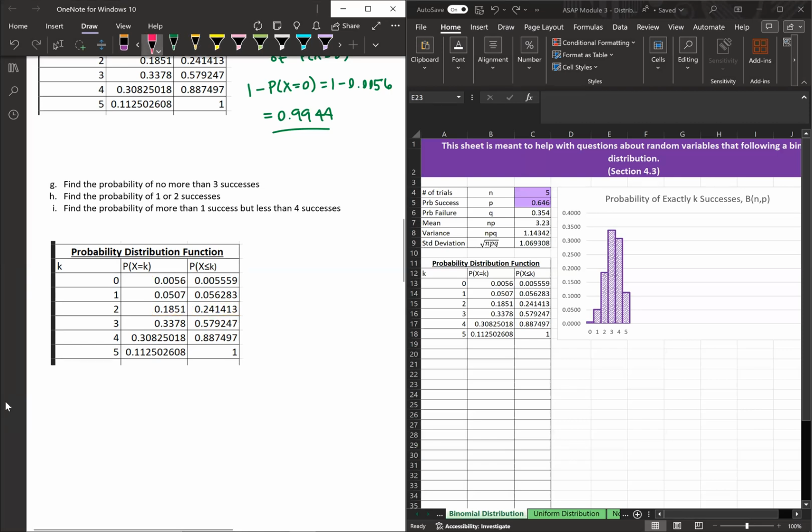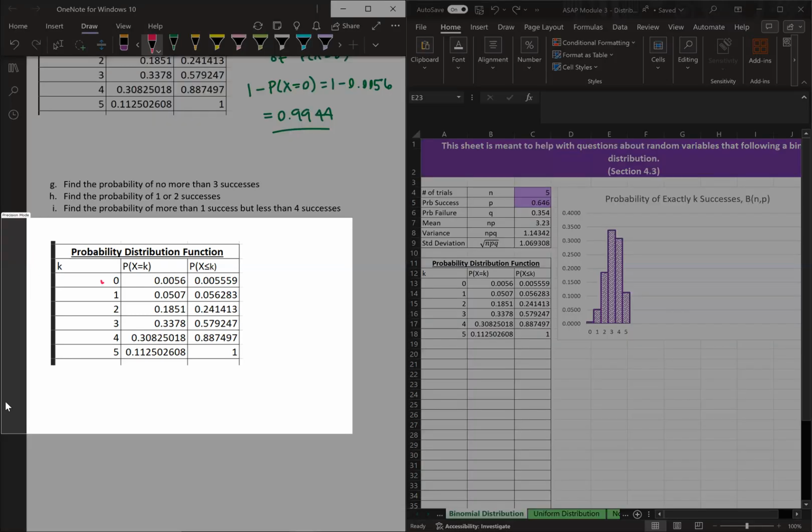So no more than 3. Can I include 3? Yes. I can be 0, I can be 1, I can be 2, or I can be 3. So what I could do is just add up these 4 values. I could definitely do that.